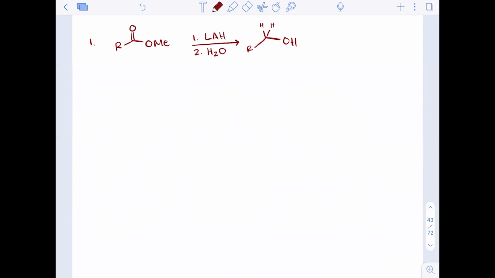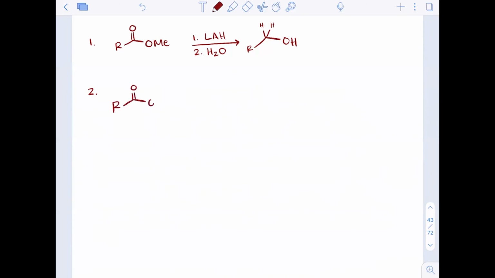So again, same exact reduction reaction that we saw in the previous sections with acid halides. We would do our substitution, right, to make the aldehyde, and then our addition to make the primary alcohol.